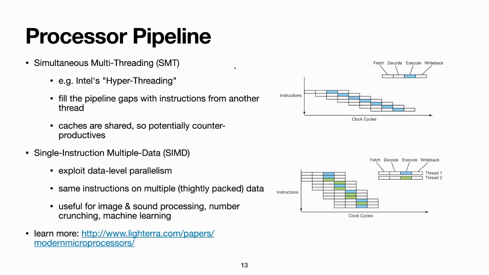Another variant of the processor pipeline architecture is simultaneous multithreading, or SMT, and you might know this better under Intel's name, which is hyperthreading. The idea is that since we want to avoid pipeline stalls, we can fill the gaps in the pipeline with instructions from another thread or process. This is pictured here.